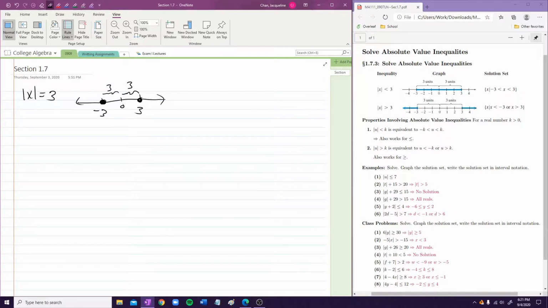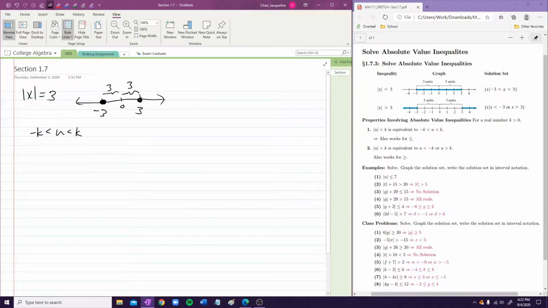So before we look at the graphs of the other inequalities, I think it'll be better if we talk about the properties first. The first property is, if I have the absolute value of u less than k, this is equivalent to writing -k less than u less than k. This can also be said as u is between -k and k.